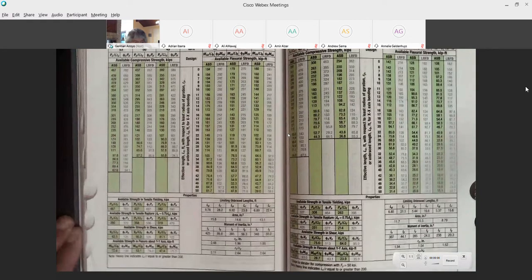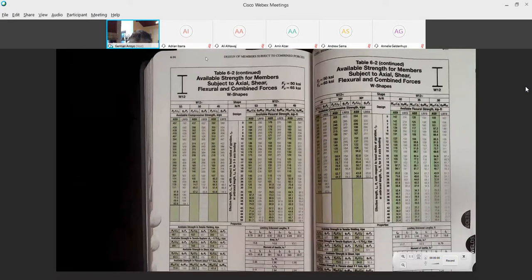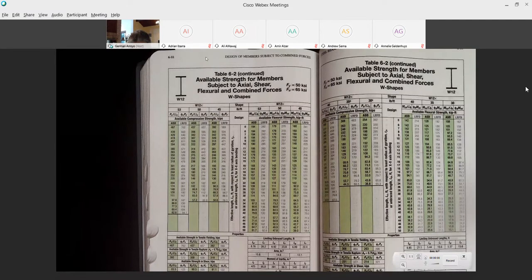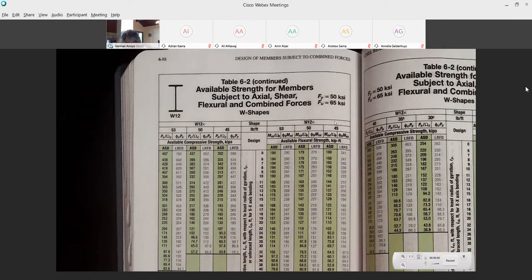In addition, something that I didn't mention the other day is just a typical section here. I'm on page 6-88. I just opened this randomly. But for instance, if you look at W12x53, in here, all of these are the phi M sub N, assuming that C sub B is equal to 1.